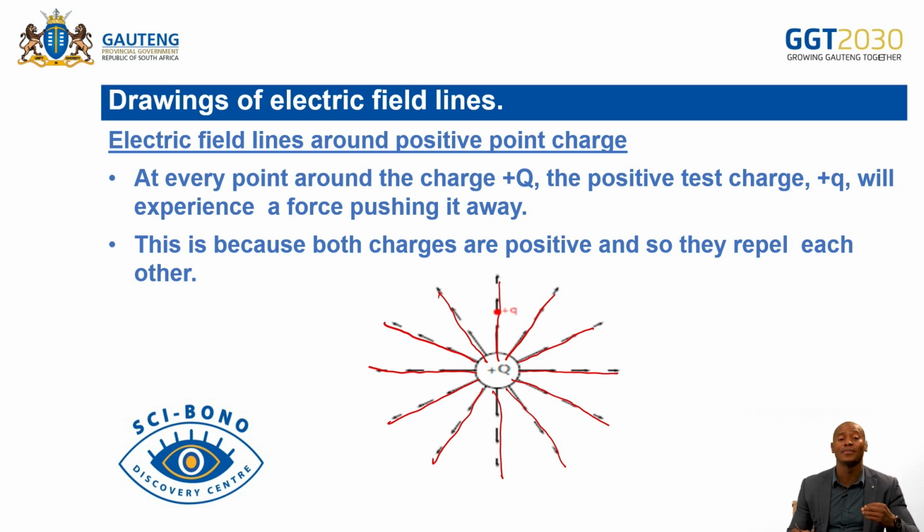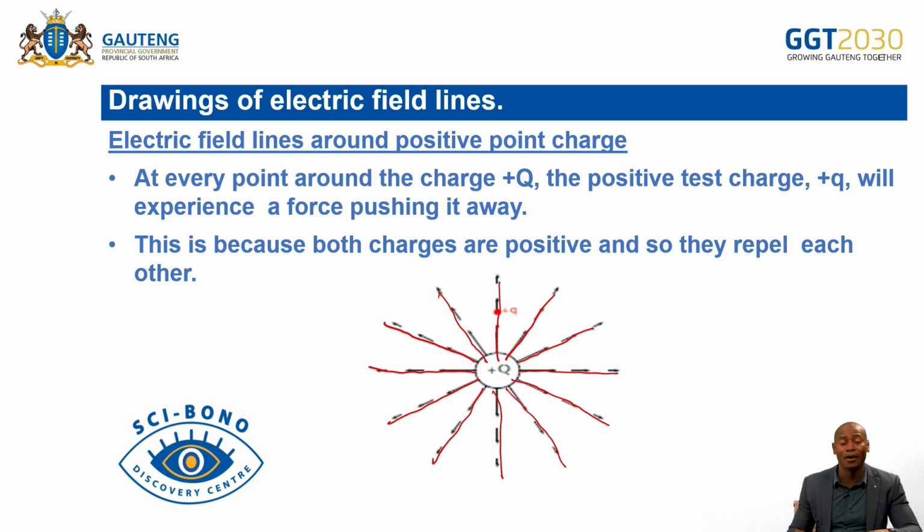So we don't expect something like this and you say these are electric field lines. No, the lines should start from the surface of that sphere, and they are always drawn perpendicular to the surface of the electric charge.